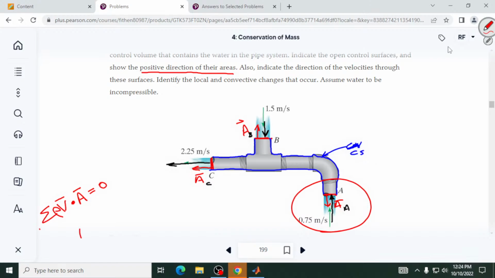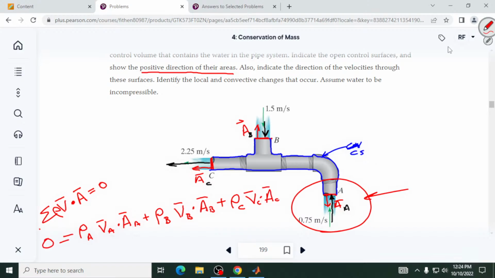So essentially, we'll say rho A for this location, VA dotted with area at A plus rho B, VB dotted with the area at B plus rho C, so we've got 3 of these, velocity C dotted with area at C, and continuity says those all have to be 0.